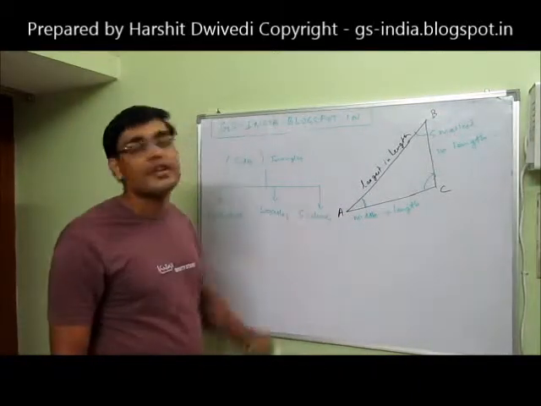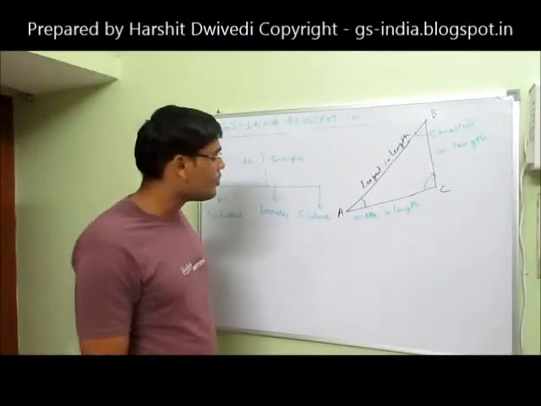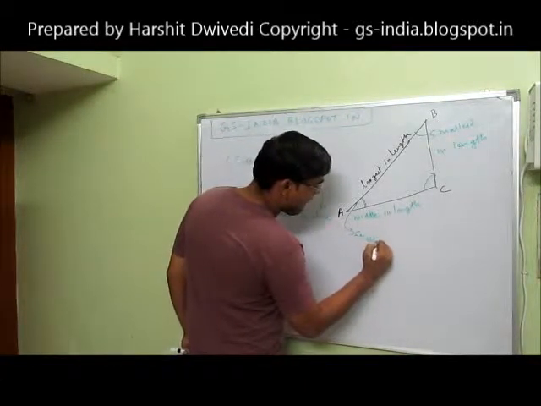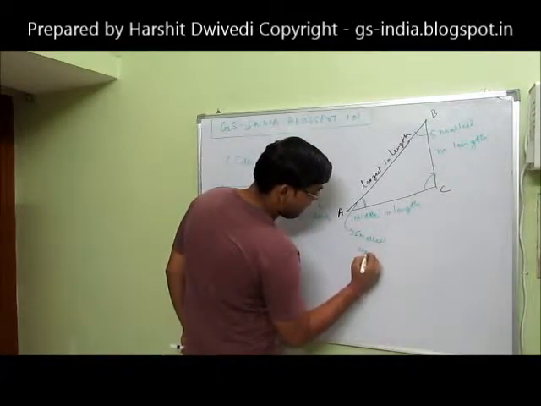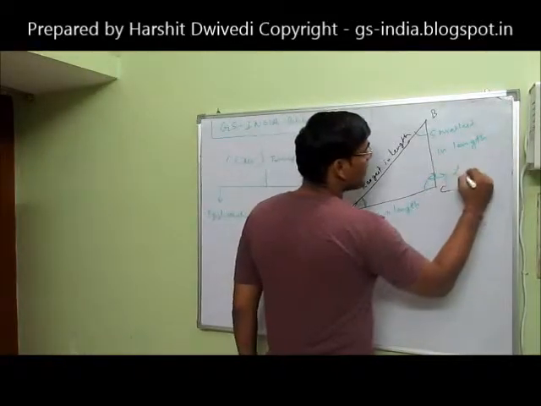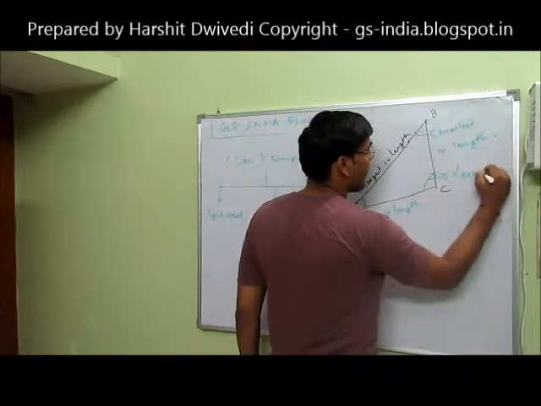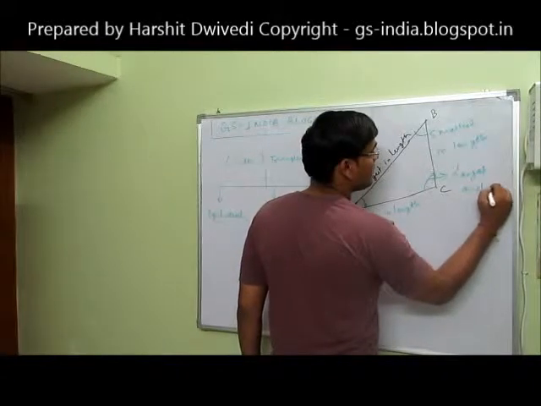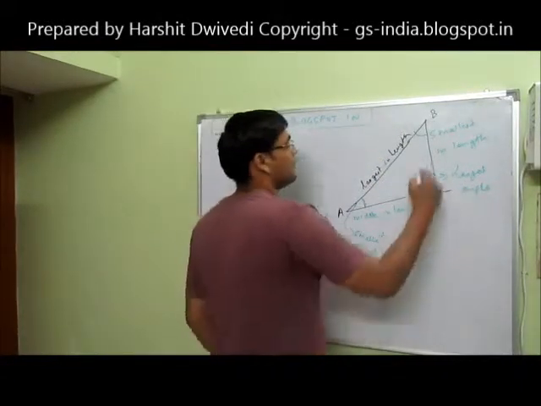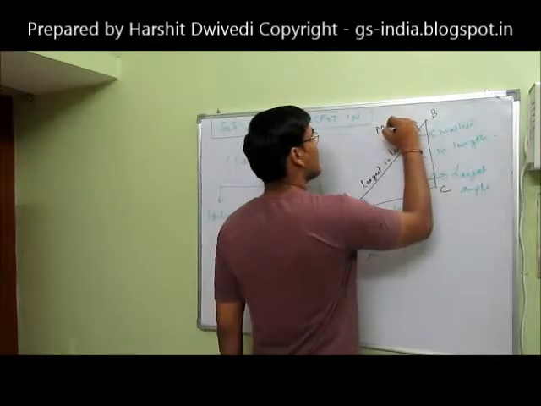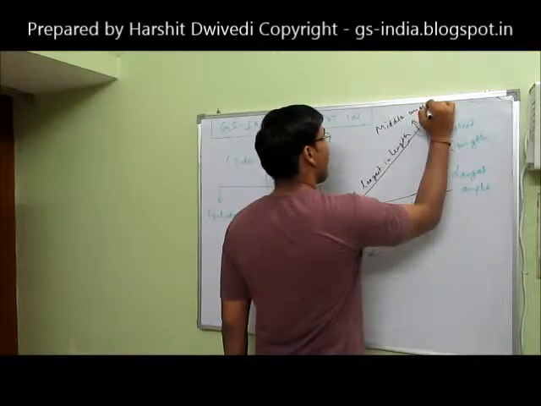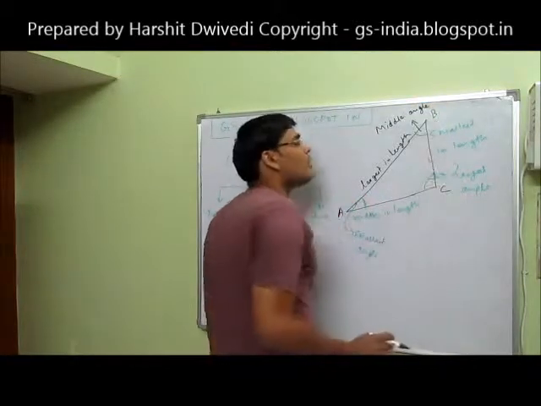That is, A is the smallest angle. This C becomes the largest angle, and this becomes the middle angle. This is the whole basic concept.